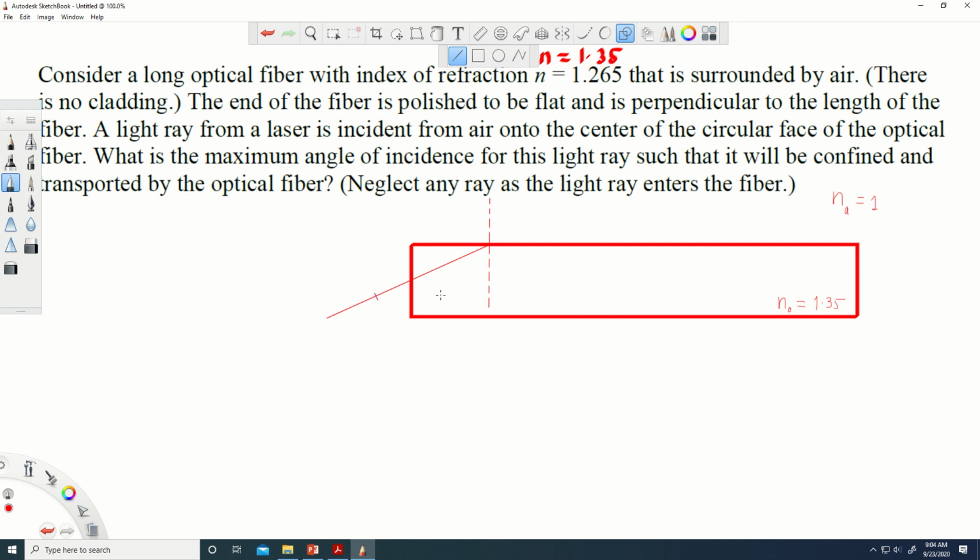Now if this angle of incidence, theta I, or I can call it theta 1, is less than the critical angle, if theta 1 is less than theta C, then it will be refracted in air. It would go like that.